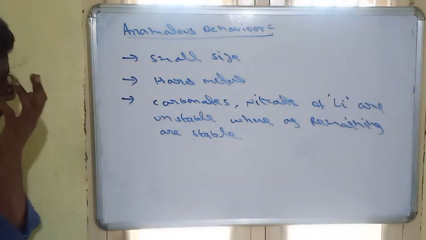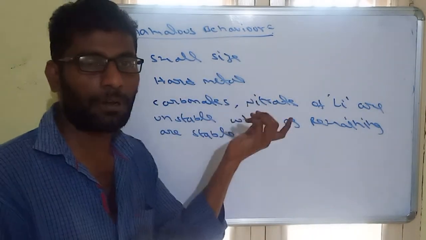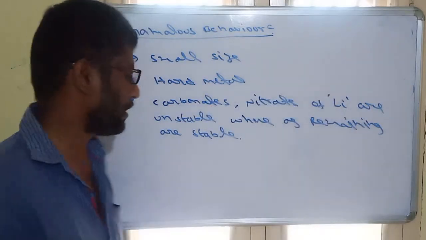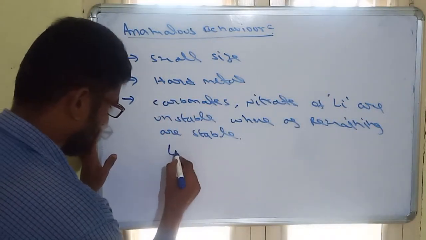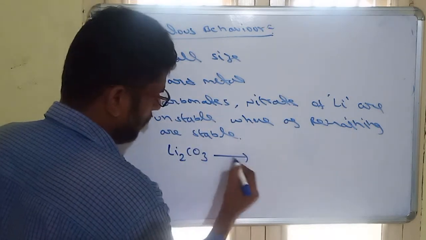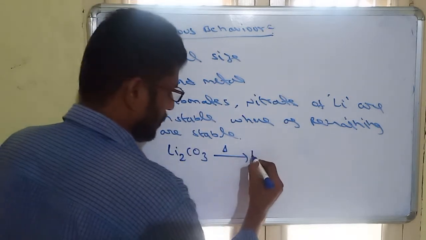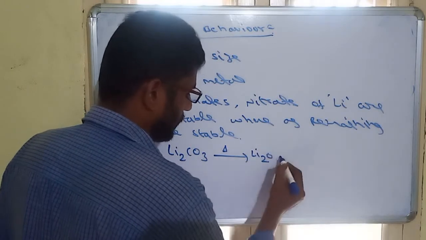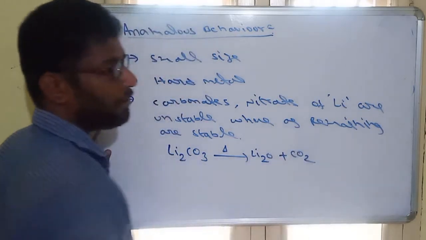So lithium carbonate and lithium nitrate are unstable on heating. They lose some components. For example, taking Li2CO3, lithium carbonate, on decomposition it is easily converted to lithium oxide and releases carbon dioxide.